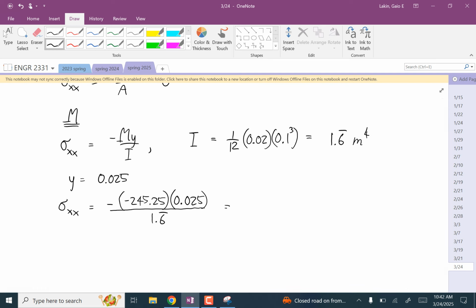Well, you have 0.02 times 0.1 cubed. Okay, I thought that seemed so big. 1.6 repeating times 10 to the minus 6.